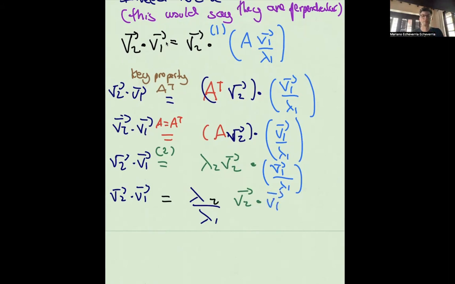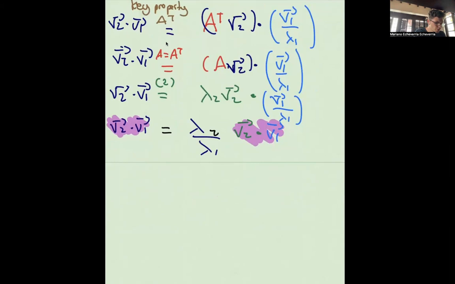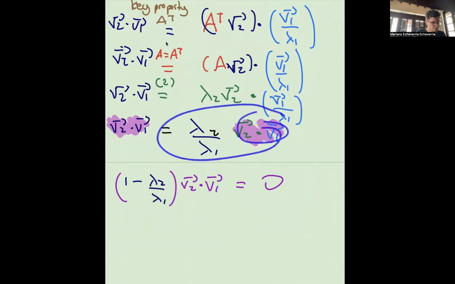It may not be clear why this is useful, but notice that now you have the same factor on both sides of the equation. If you move everything to one side, you can factor it out. I'm moving this to the left side, and then factorizing v2 dot v1.